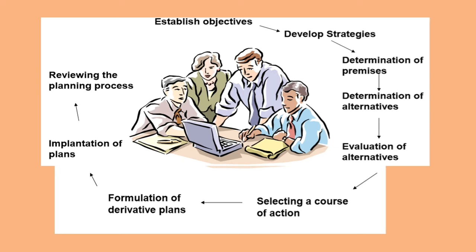Then, of course, next is securing cooperation. After the plans have been determined, it is necessary, rather advisable, to take subordinates or those who have to implement these plans into confidence.